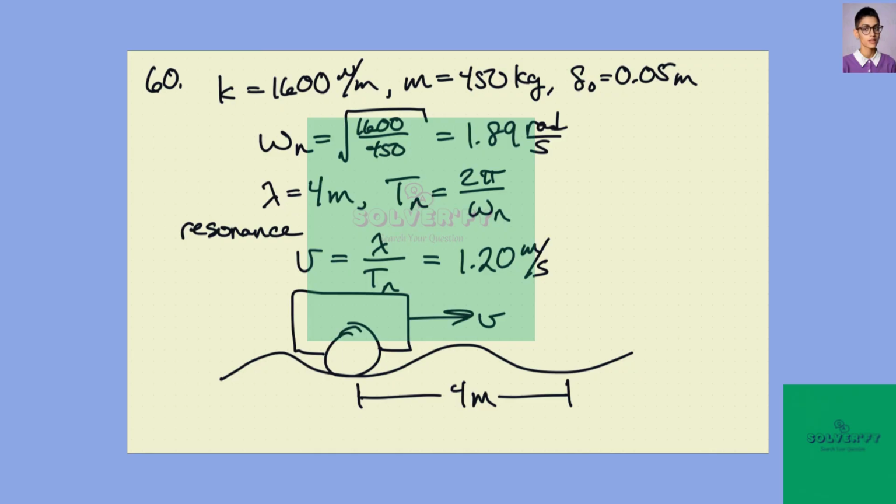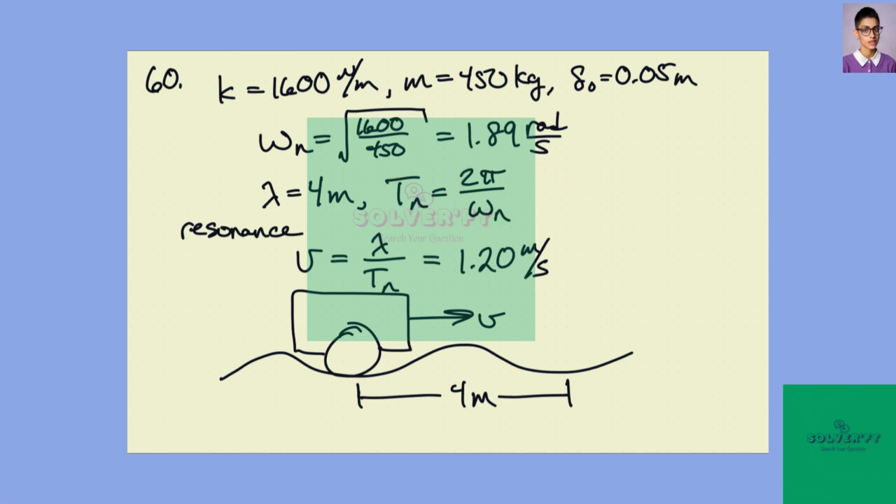And now we're asked in this problem to determine the speed which will cause the greatest vibration, or resonance. So we want the speed such that the period, the time it takes to go from here to here, is the natural period.